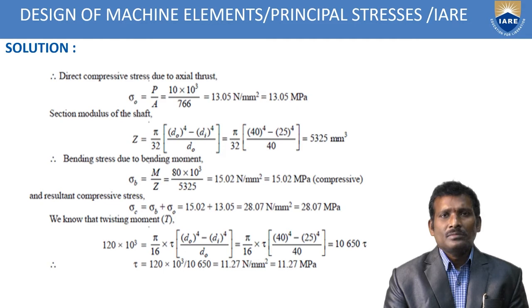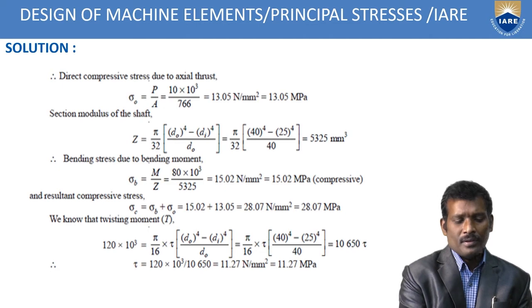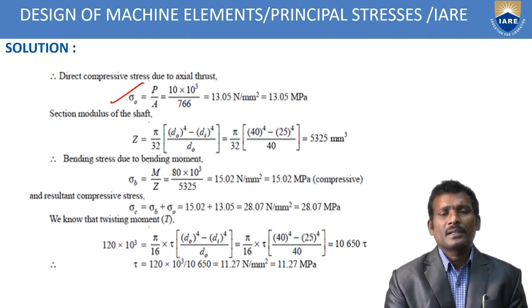Now calculate the direct compressive stress. Why? Because here the direct axial thrust load is given, that is P, 10 kilonewtons. So now calculate compressive stress, σc, equal to load upon cross-sectional area of the shaft.